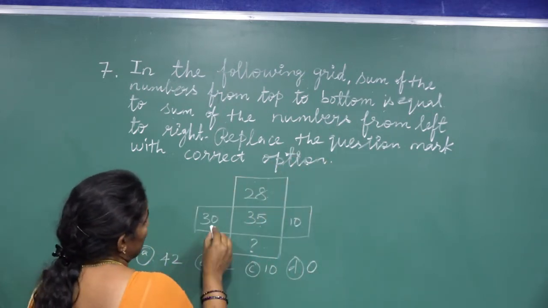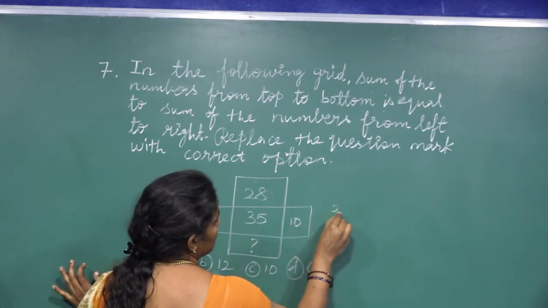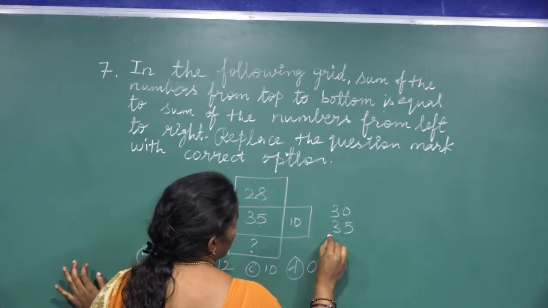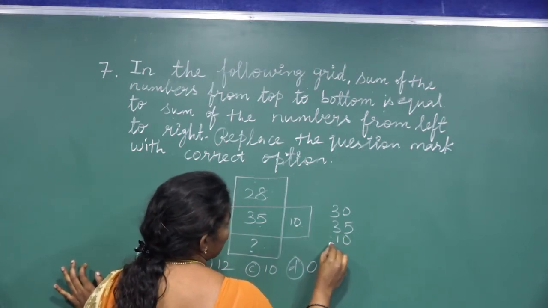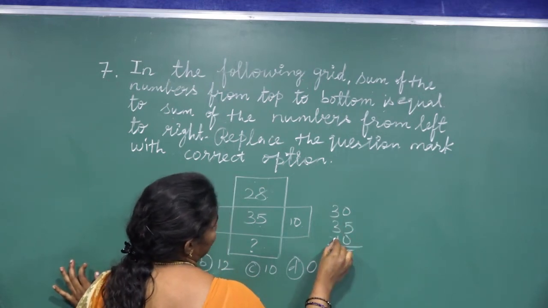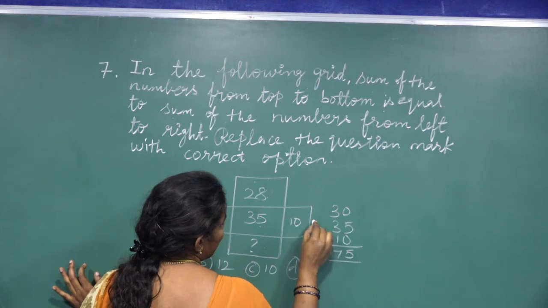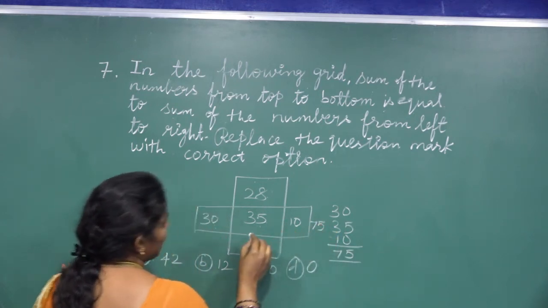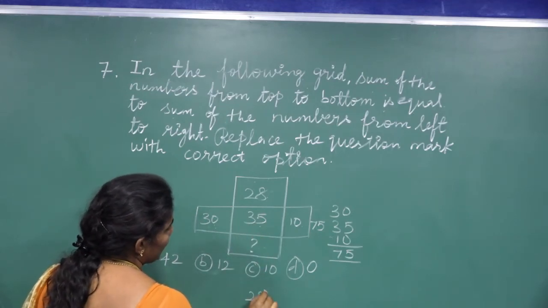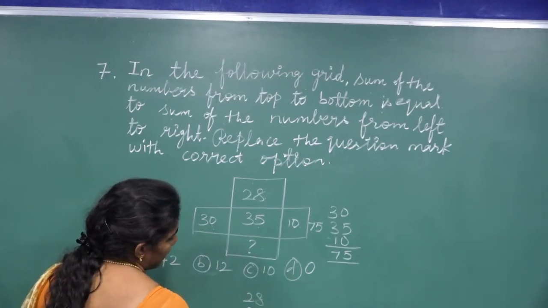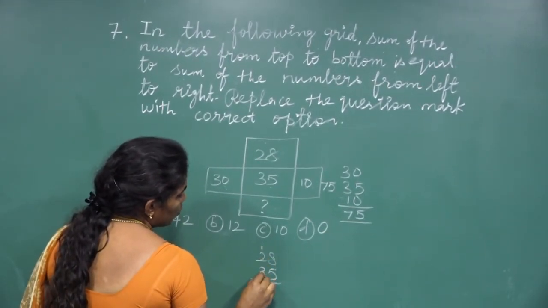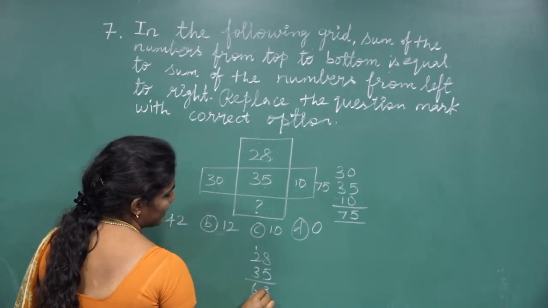See here, 30 plus 35 is 65. 65 plus 10 is 75. Like this, what will come here? 28 plus 35 is 63. See here, 8 plus 5 is 13. 3, remaining 1. 3 plus 2 is 5. 5 plus 1 is 6. 63.